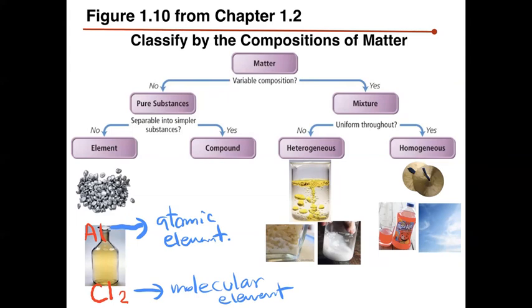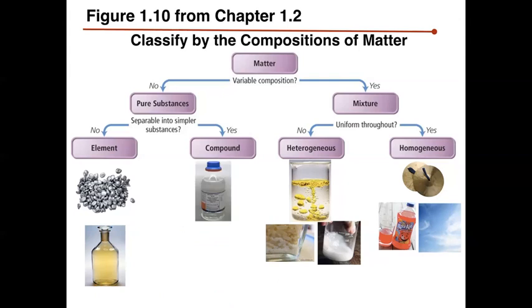Okay. All right, so let's take a look at the next one. The next one, a compound, would be vinegar or acetic acid, okay, because it contains several elements. It contains carbon, hydrogen, and also oxygen in a fixed ratio. Okay, if you change any of this ratio, you are changing to a different compound.